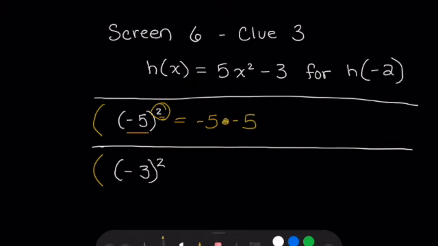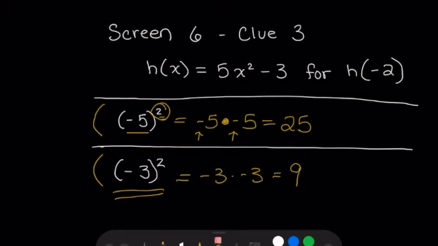Oh, that is a multiplication. Remember that a negative times a negative is a positive, and 5 times 5 is 25. What would this one be? Yep, negative 3 times negative 3 would equal positive 9.